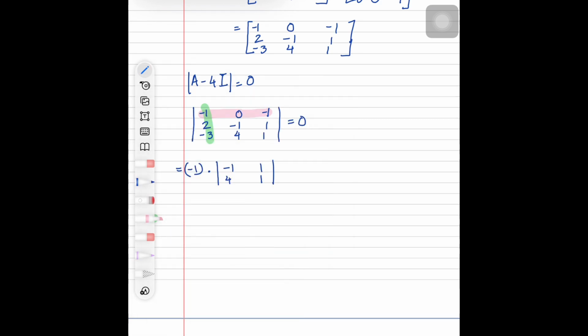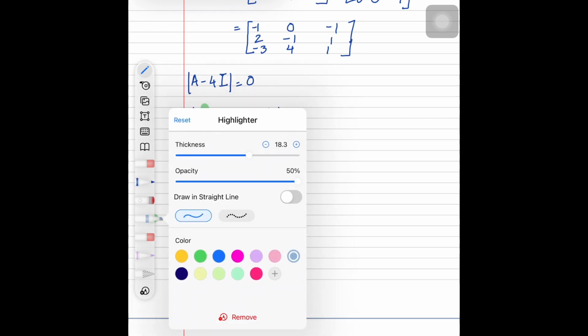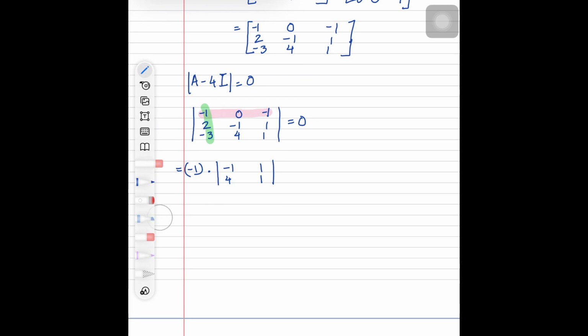So let's just pick a different color. Okay, so this right here.